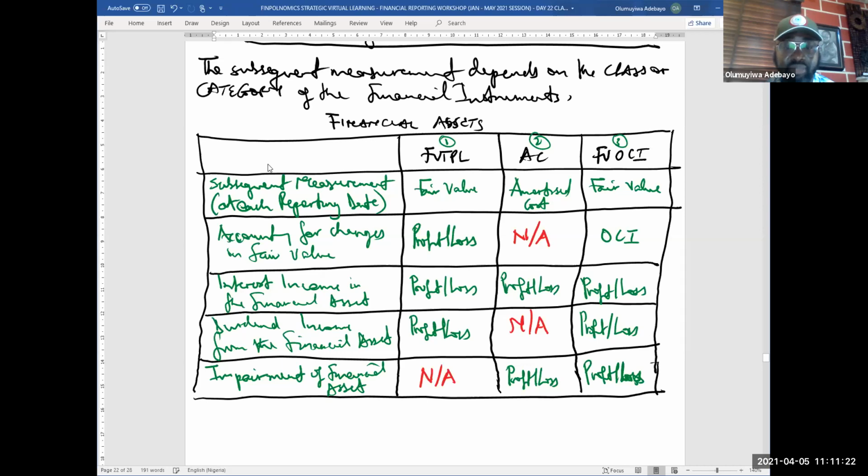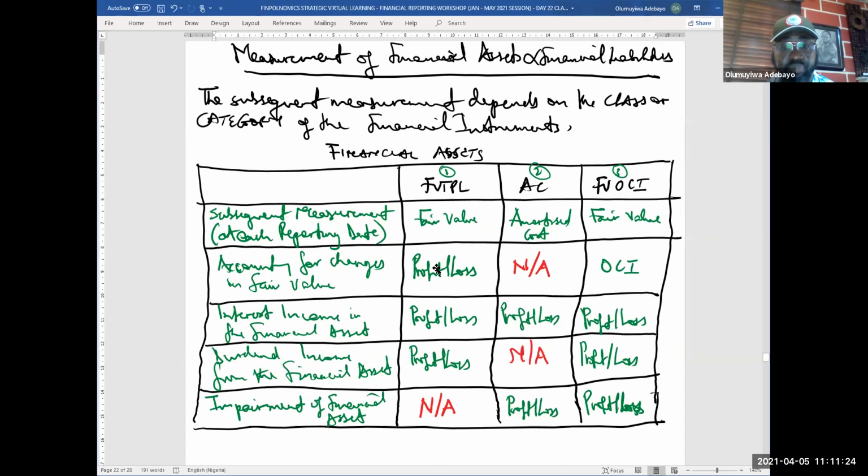Who can tell me why it's not applicable to this bucket?